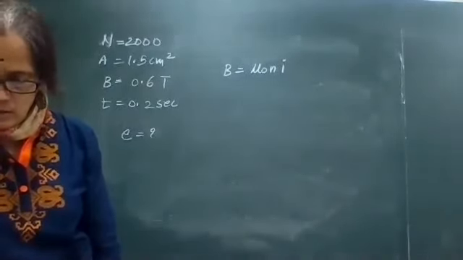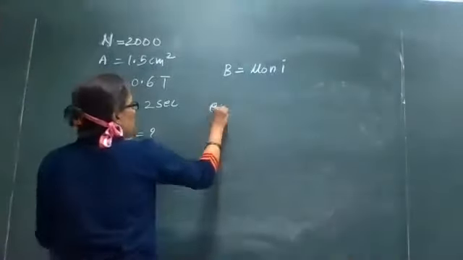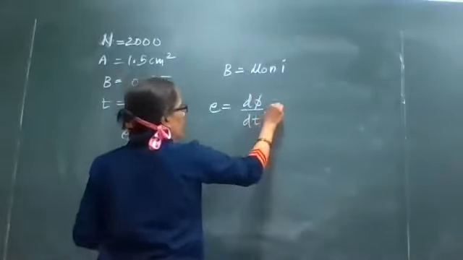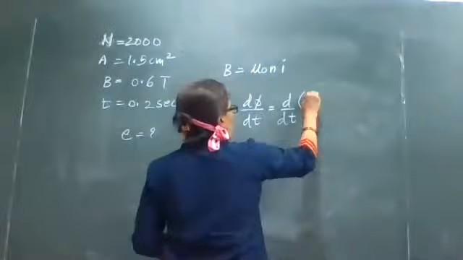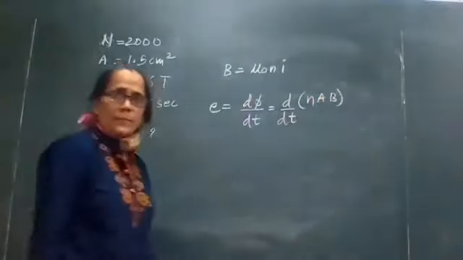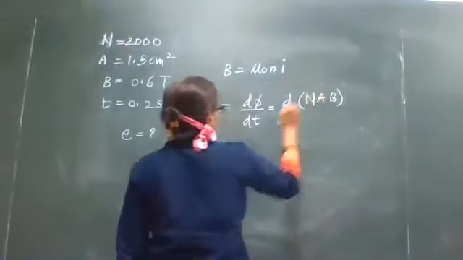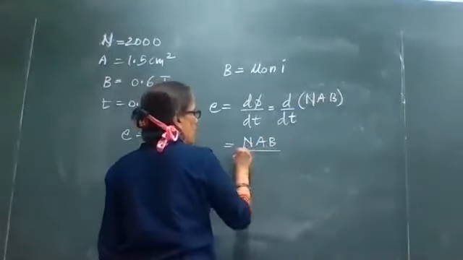And now I want to put the value of EMF. So EMF is equal to what? It is d phi by dt, where phi is N A B. Here N is the capital N, the number of turns. So it is N A B upon t.